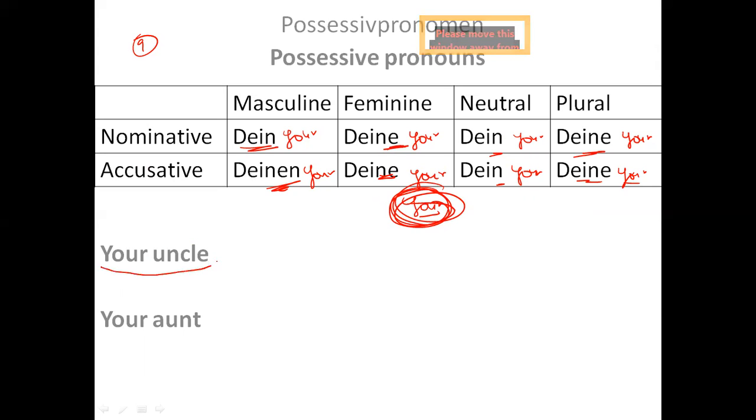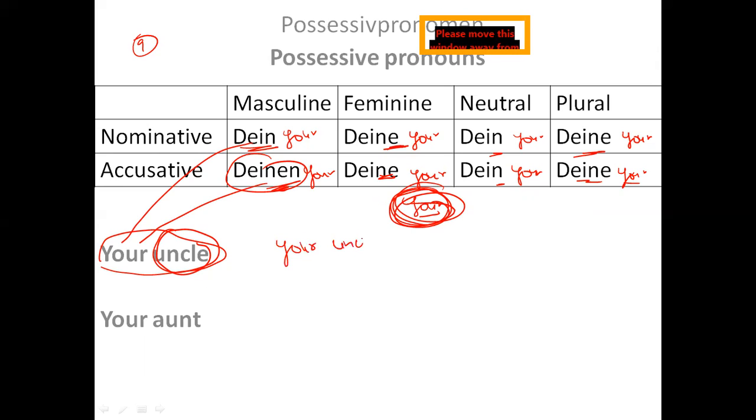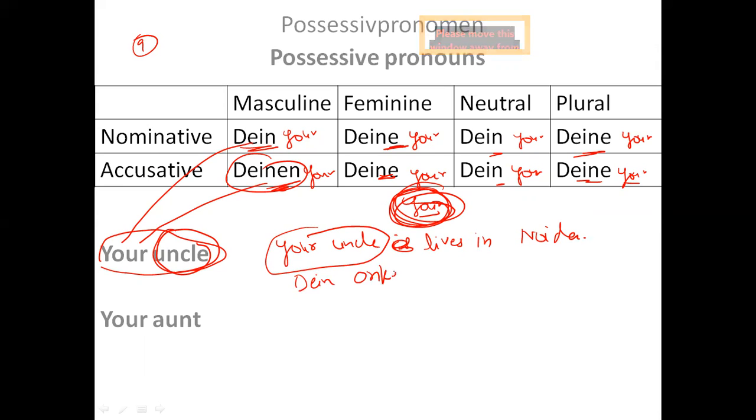If I say your uncle, uncle is masculine, right? Hence, it can be dein or deinen. Now that depends. If I say your uncle lives in Noida, here it is subject. Hence, I will write dein Onkel wohnt in Noida.